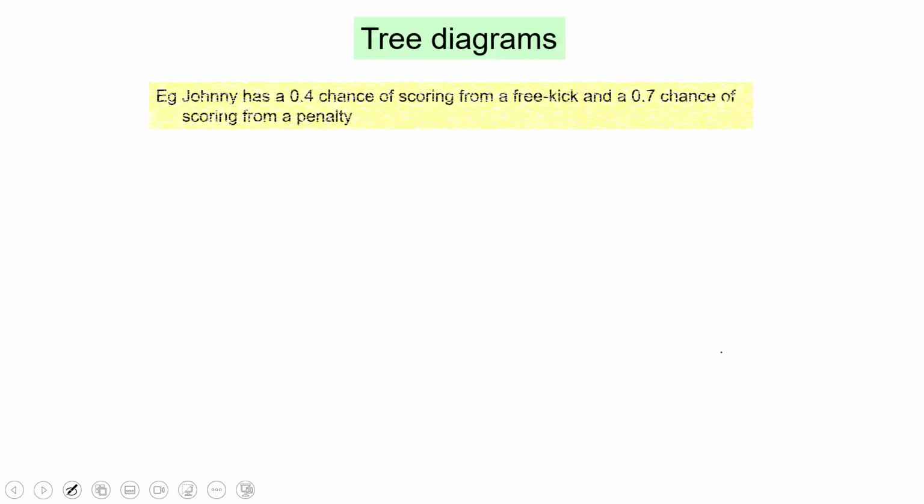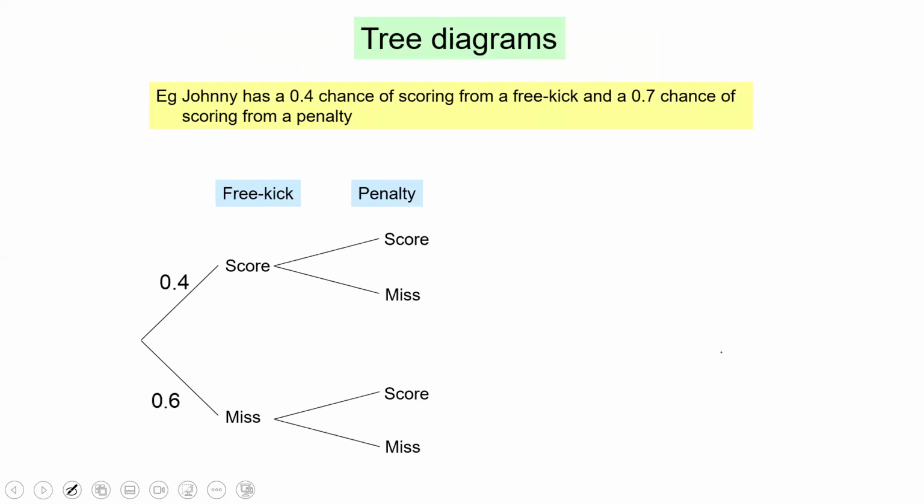Now we know well about tree diagrams, and tree diagrams have been part of our syllabus for a long time. For example, Johnny has a 0.4 chance of scoring from a free kick and 0.7 chance of scoring from a penalty. Now free kick and score comes like this, penalty comes after that. Then you make a connection with that.